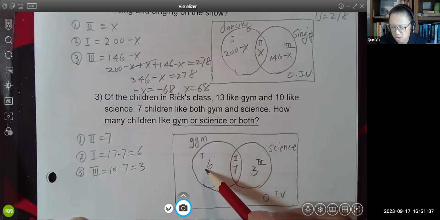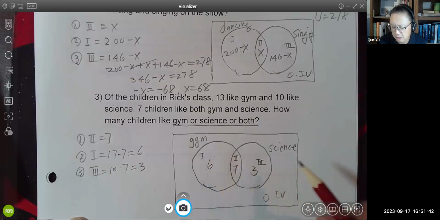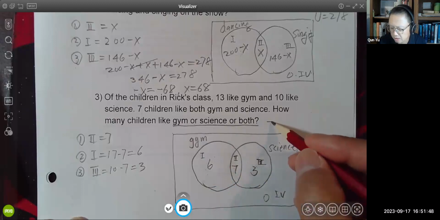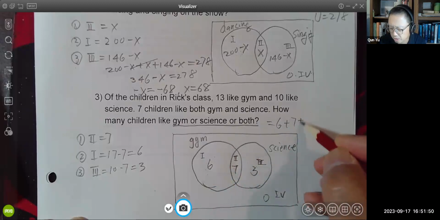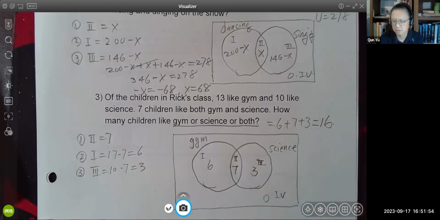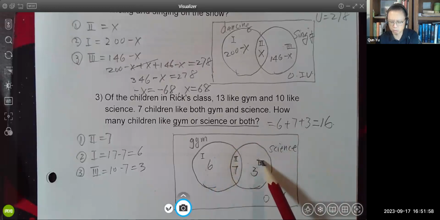We need to include all of these three, no matter whether a child likes gym, likes science, or likes both. Apparently, we need to add the three together. So the answer is 6 plus 7 plus 3, and that is 16. So 16 children like at least one of these two areas, science and gym.